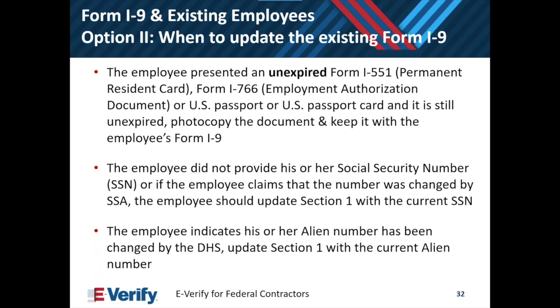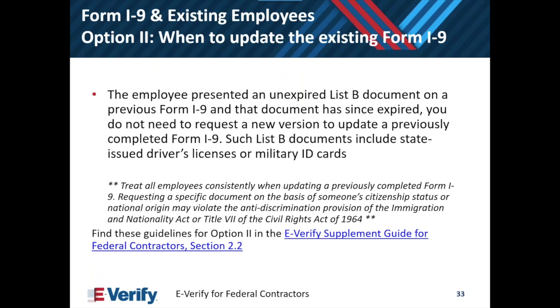If you chose option 1, you're just going to be doing new Form I-9s for everyone. But if you choose option 2, you need to be mindful of these points. Make sure you're updating the Form I-9 or creating a new one when necessary. I've given you the live link on this last slide regarding those options to that section 2.2 that talks about each of these bullets, and you can always go back to that if you need more information or if you need to review these again.